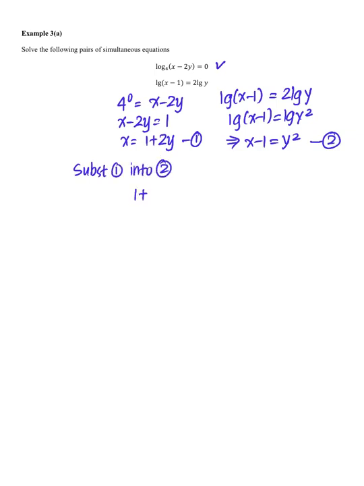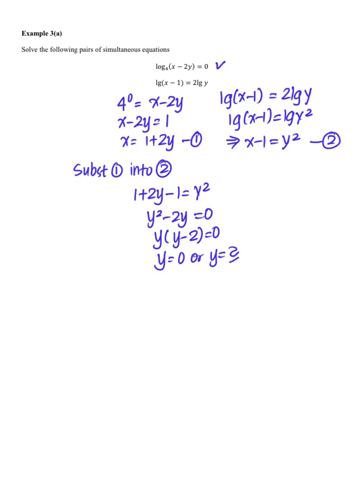You will have 1 plus 2y minus 1 equals y square. So y square minus 2y is equal to 0. So y times (y minus 2) is equal to 0. So either y is equal to 0 or y equals 2.